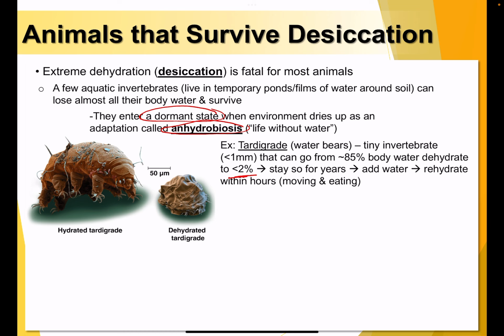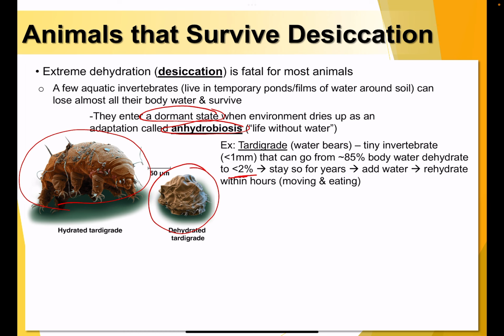They go from a nice round bear walking around eating and feeding, to a tiny crumpled mush, dry as death, and they can survive that way for decades or more. They've tested it for 10 years, and I'm sure it can last longer.